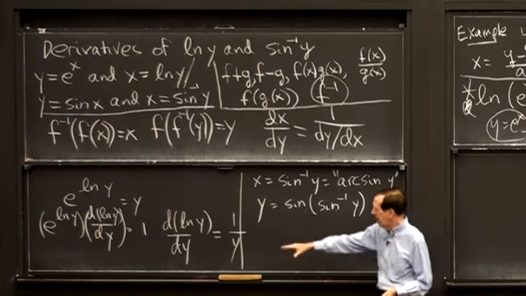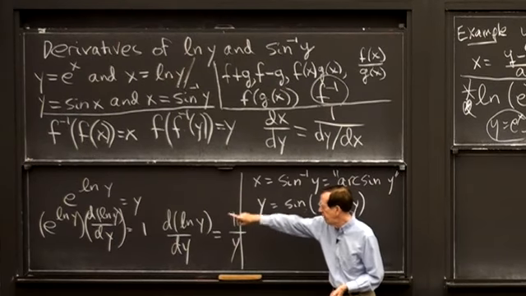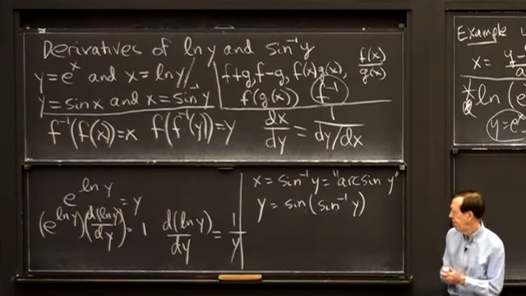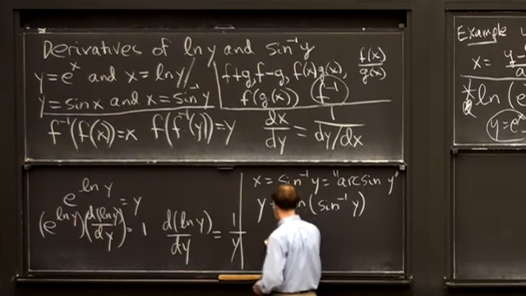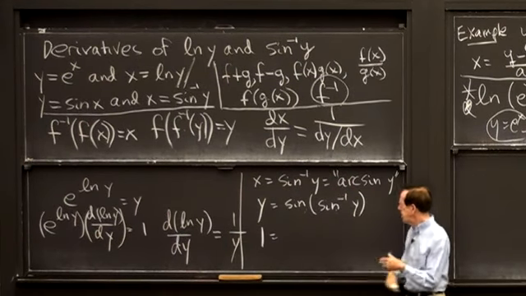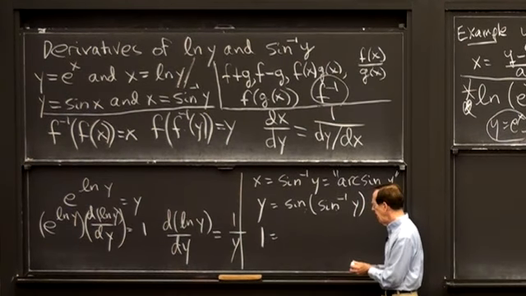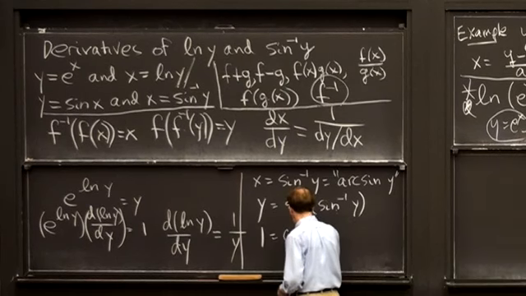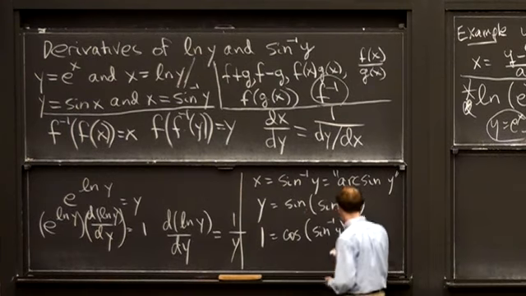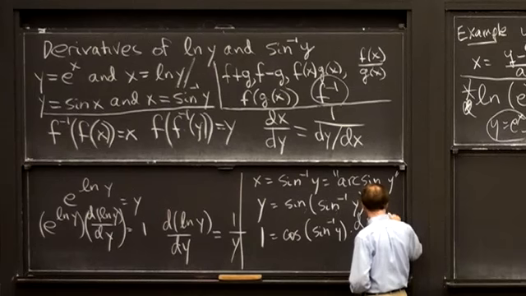I want the y derivative. I'm just going to copy this plan, but instead of e, I've got sines here. So take the y derivative of both sides. Well, I always like that one. The y derivative of this is the chain rule. So I have the sine of some inside function. So the derivative is the cosine of that inside function times the derivative of the inside function, which is the guy we want.